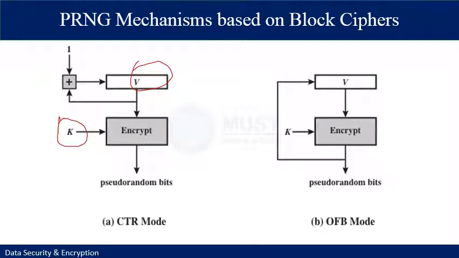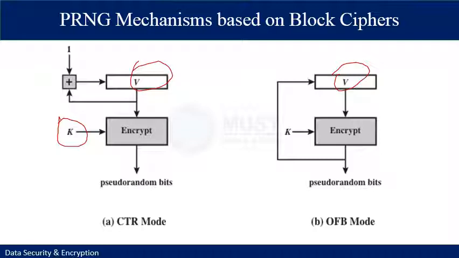In the counter case, the value of V is incremented by 1 after each iteration. In the case of output feedback mode, the value of V is updated to equal the value of the preceding pseudo-random number generator block. So in both cases, pseudo-random bits are produced one block at a time. For example, with AES, pseudo-random bits are generated about 128 bits at each round.